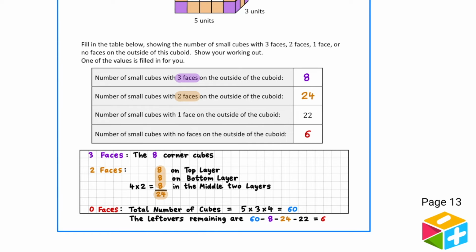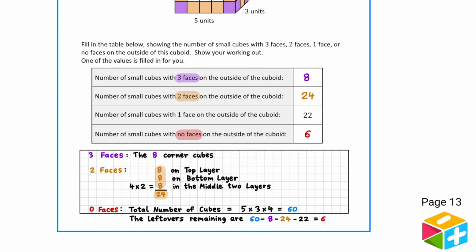The only thing left is to find the number of small cubes with no faces on the outside. Well, the dimensions of the cuboid are 5 units, 3 units, and 4 units. The total number of cubes will be 5 times 3 times 4, which is 60. We've already found the number of cubes with 3 faces, 2 faces, and 1 face on the outside of the cube.